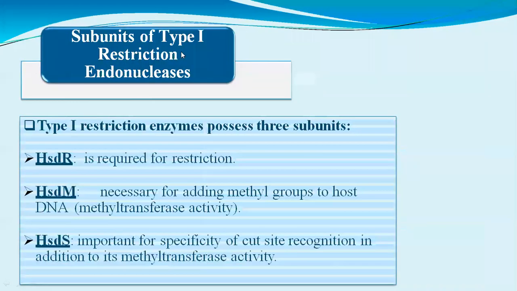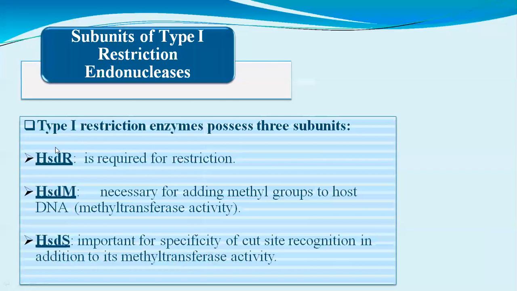Then subunits of type 1 restriction enzymes. Type 1 restriction enzyme possesses three subunits. HSDR is required for restriction, HSDM is necessary for adding a methyl group to host DNA, that is methyltransferase, and HSDS is important for the specificity of the cut site recognition in addition to its methyltransferase activity.